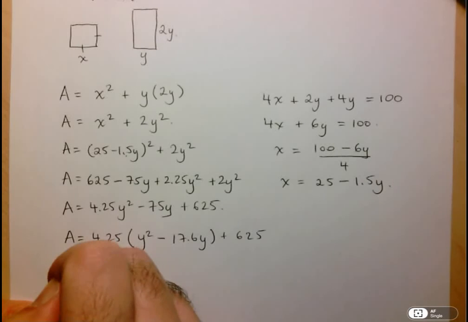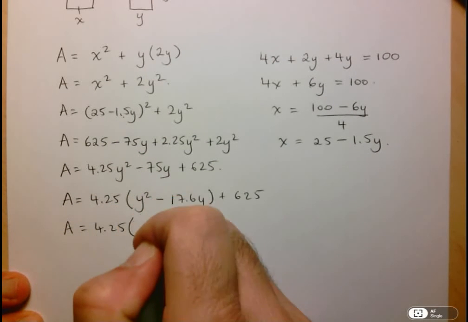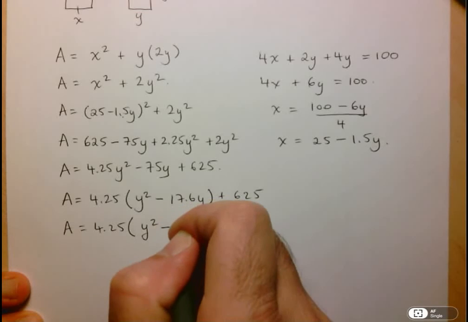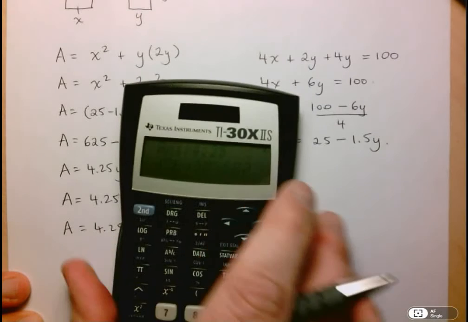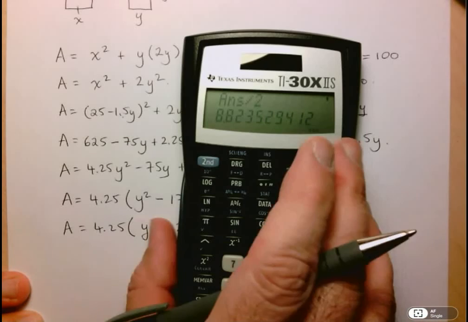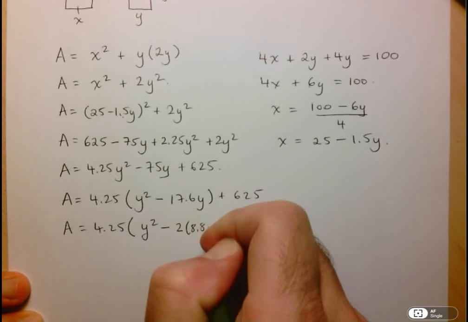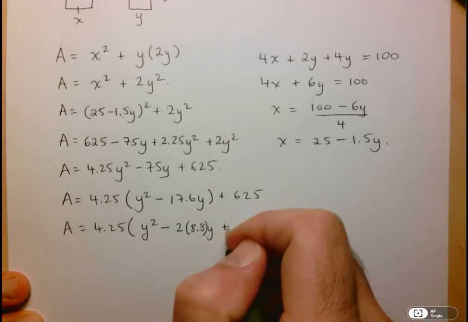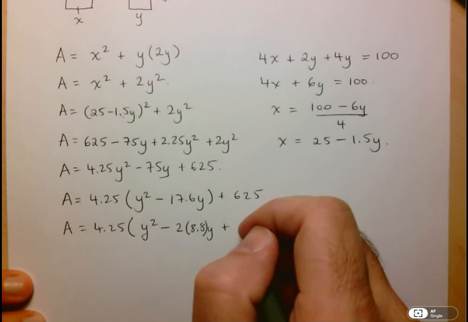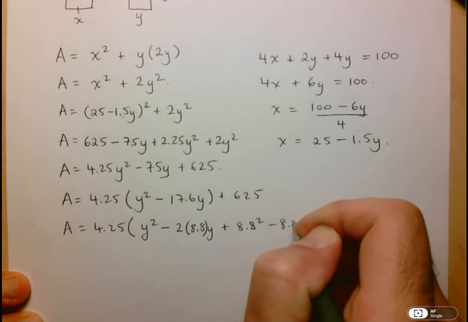So let's continue on completing the square. y squared minus 2 times, well, 17.6 divided by 2, 8.8. And of course we have to add and subtract the square of 8.8, so 8.8 squared minus 8.8 squared.